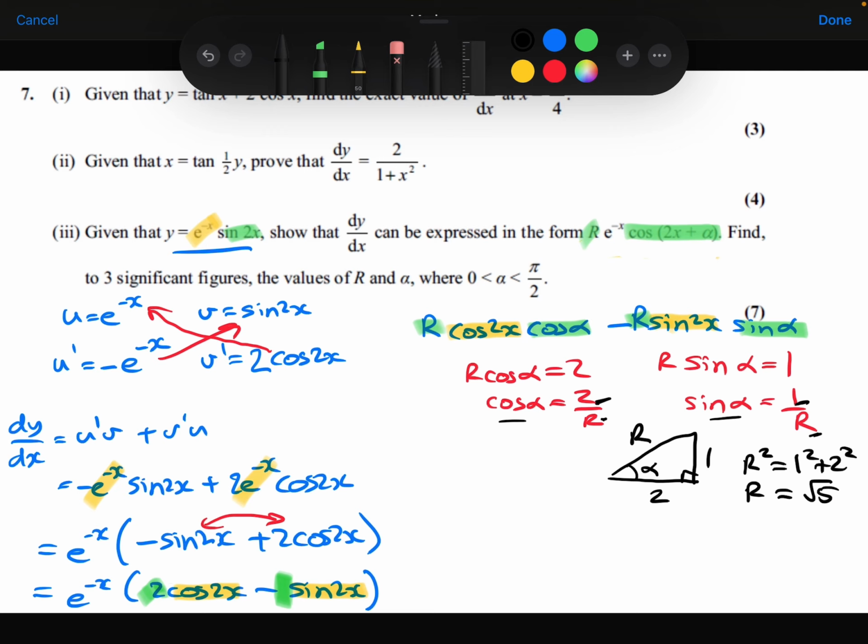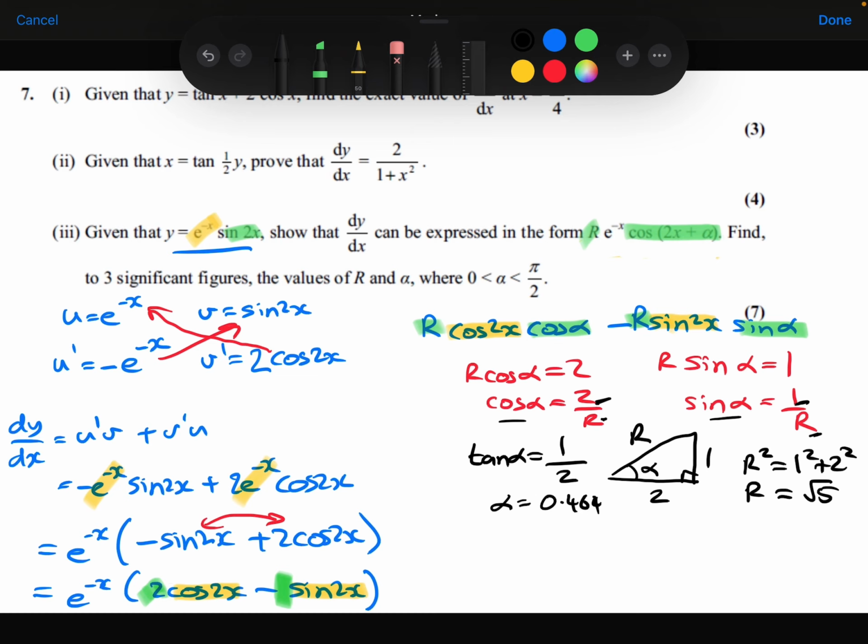And I can work out the alpha by doing tan alpha is the opposite divided by the adjacent. So when I do tan inverse, I get 0.464.